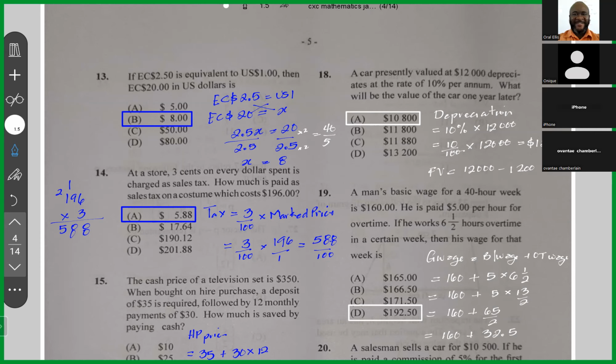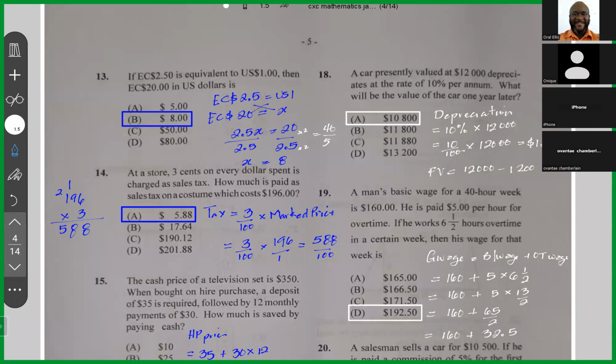It's simple. 1 year later, the car is going to be valued 10% less. So all I simply do is find the depreciation amount, which is 10% of the 12,000. 10% of 12,000 is 1,200. Since it's going to be valued less, you simply take away 1,200 from 12,000, and you get 10,800.